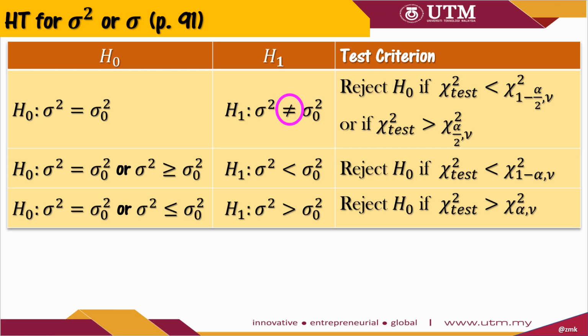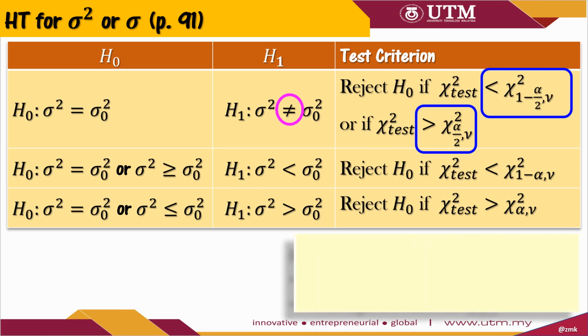Since we have a two-sided test as the first choice, the rejection rule is then reject H0 if chi-square test is less than the left-sided critical value, that is chi-square 1 minus alpha over 2, nu, or if the chi-square test is more than the right-sided critical value, which is chi-square alpha over 2, nu.